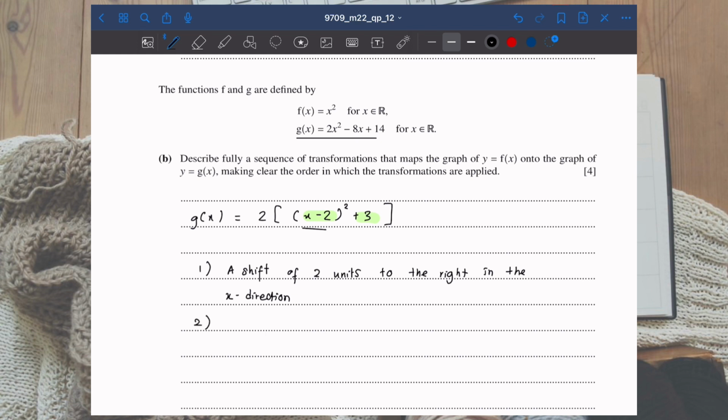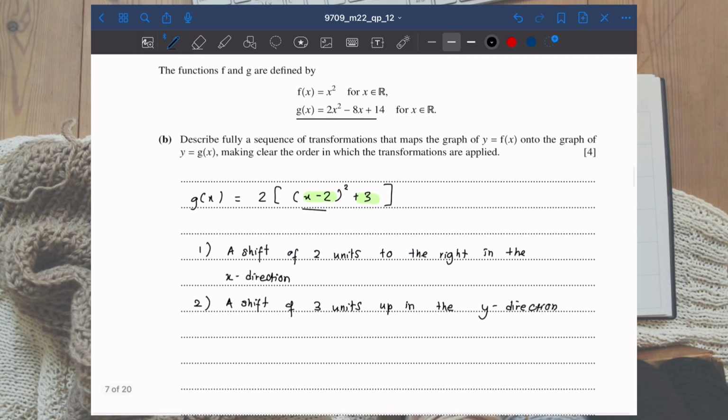And then we have a shift of 3 units up in the y direction.